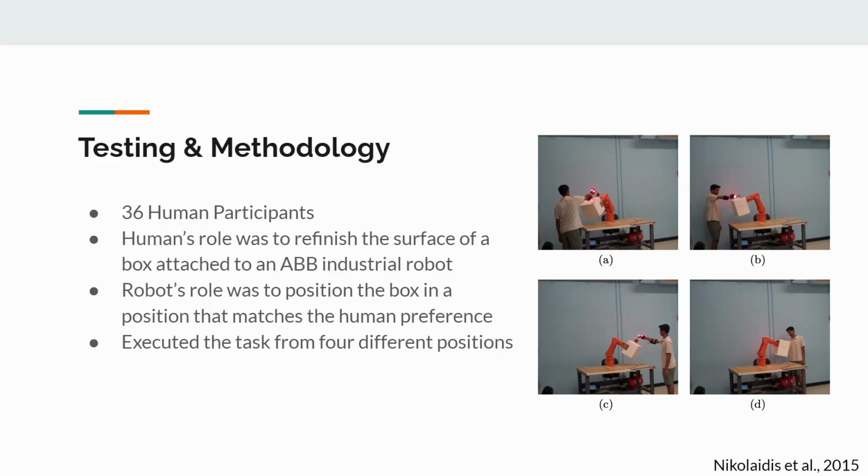The testing methodology used 36 human participants. Each person was meant to work collaboratively with a robot to refinish the surface of a box, and the robot's role was to change the position of the box to match the human's preference.